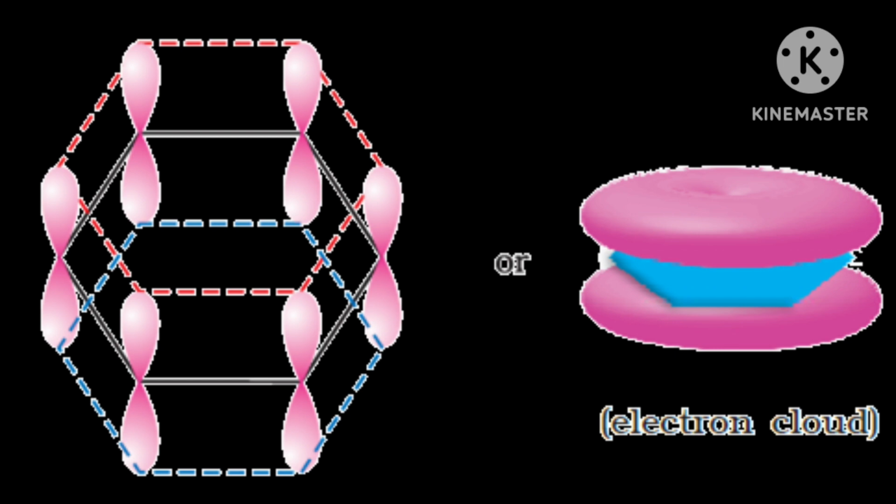And this can be represented in the form of two doughnut rings, meaning 50% up, 50% down, because the electron will be moving up and down. Then the dumbbell structure is there, half the dumbbell up and half down.